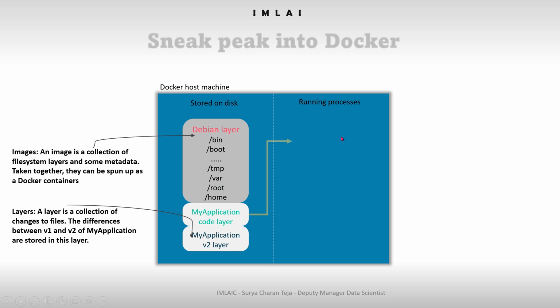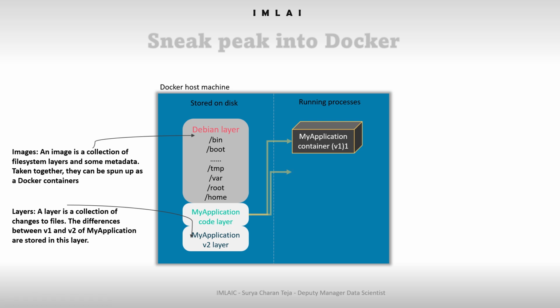Then we call them running processes, because ultimately the processes defined by the image will be run. Once it is running, we call that a container. But inherently, what is running are the processes that we have mentioned inside the image, running inside a Docker container. So that's our version 1.